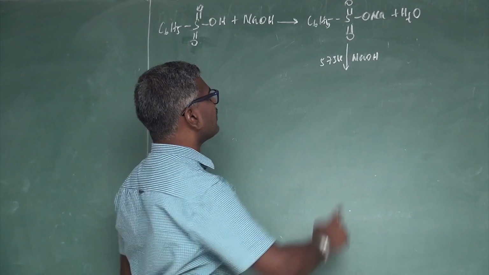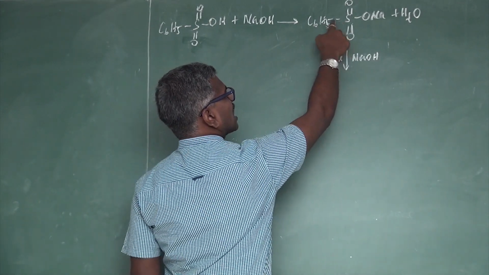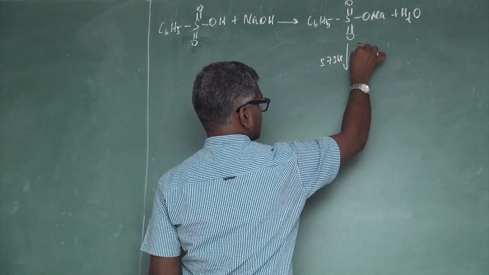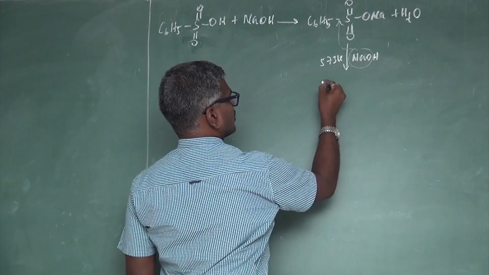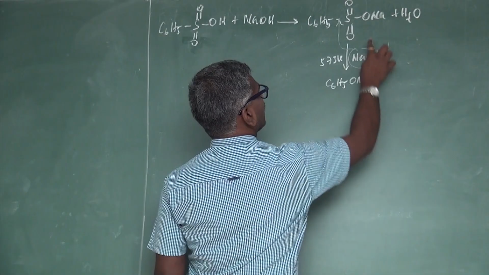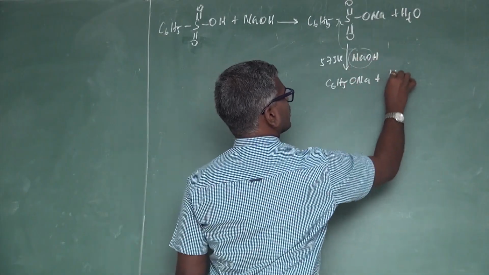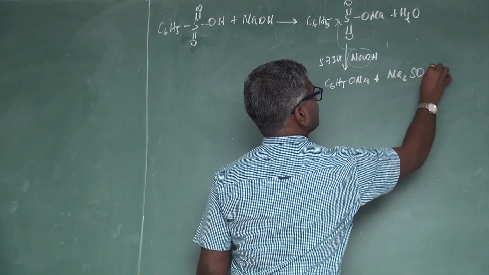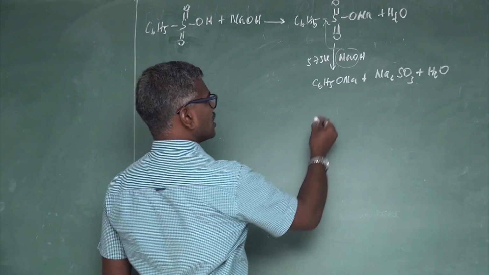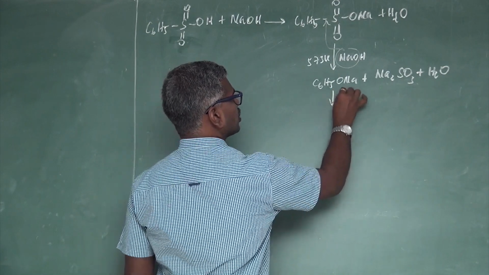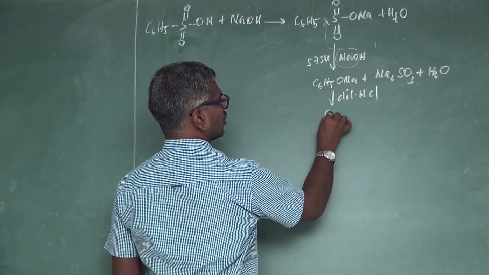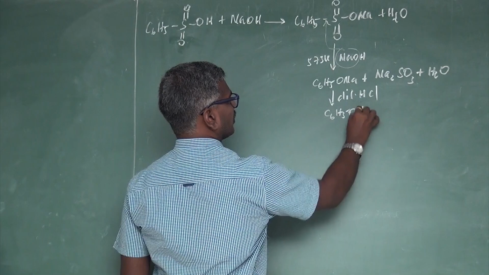At 573 Kelvin the carbon-sulfur bond is weak and breaks, so it reacts with OH, forming C6H5ONa, and the remaining part reacts to give sodium sulfite plus water. This is sodium phenoxide, which is treated with hydrochloric acid, removing NaCl to form phenol.